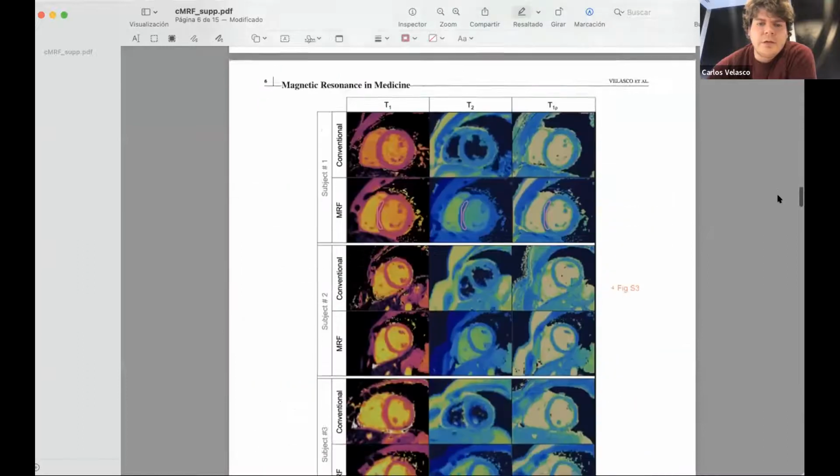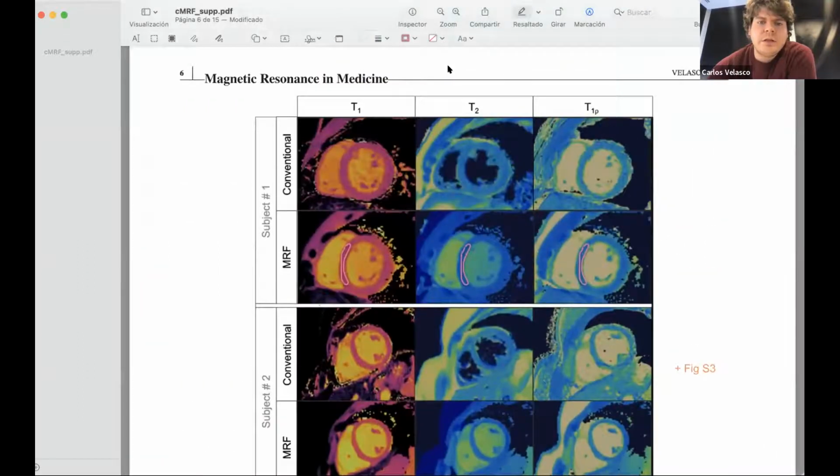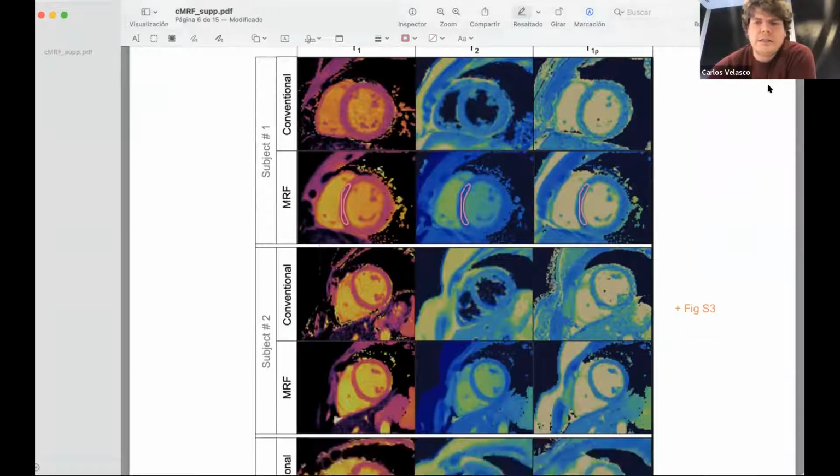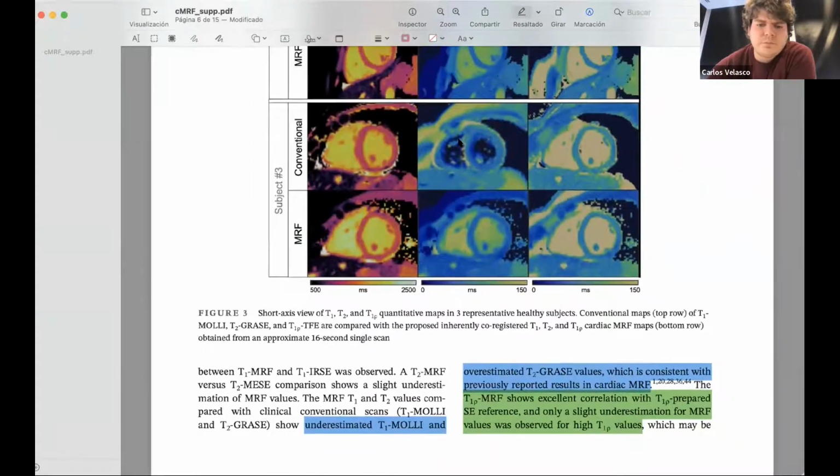If we go here, and if you let me zoom in, you can see that I drew, for this presentation, an ROI in the septum, so you could see where we were taking measurements for a later statistical analysis to compare numerically the values between the reference and the MRF scans.